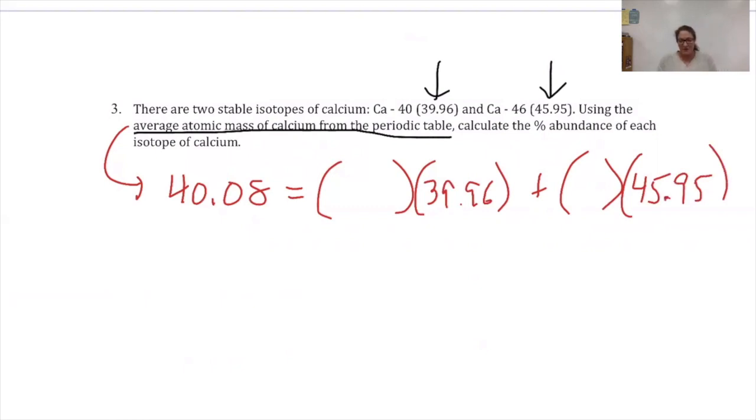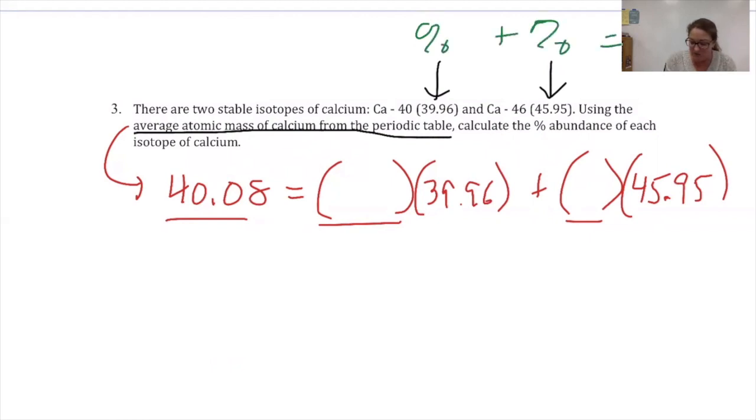So in the last problem, you knew these things and you didn't know this. And this is a reverse problem. What do I know about my percentages of anything? I know that my percent of this and my percent of that have to add up to equal 100%.